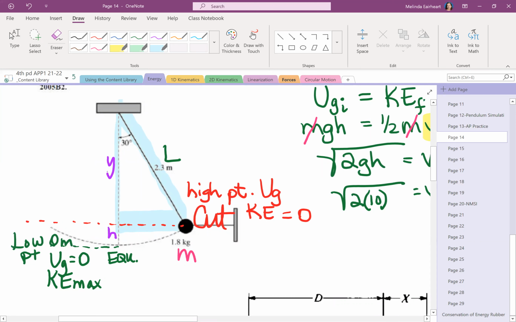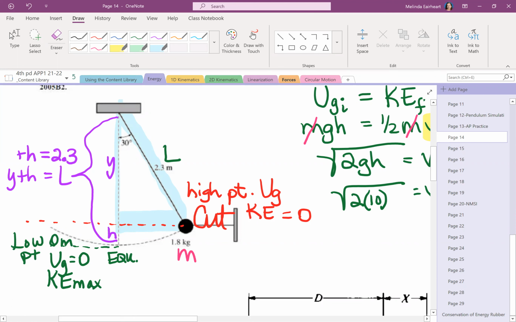Well, maybe I label this side of that right triangle with a Y. You can pick whatever favorite letter. How could I put Y and H together? What would that be equal to? It would equal 2.3, the length again, okay? And so our length would be that Y plus H. And so a little bit of trig, we know the length is 2.3 always.